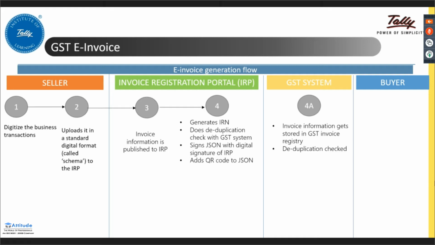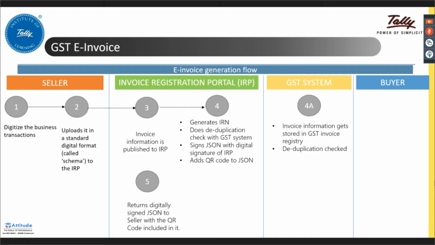So after the IRP validates and applies the QR code, saying that yes, this is a unique taxable invoice, the GST system will store the information in the GST invoice registry, and after checking for duplication, the GST system will send back the information to the IRP with a digitally signed JSON with a QR code included in it.